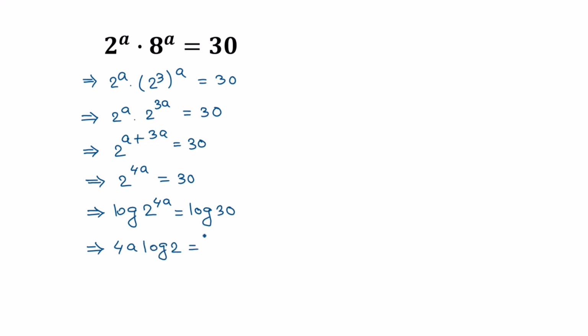is equal to log of 30, and 30 we can write as 2 times 3, this is 6, times 5, this is 30. Or the left side 4a log of 2 is equal to, applying the formula log(a times b times c) is equal to log a plus log b plus log c.